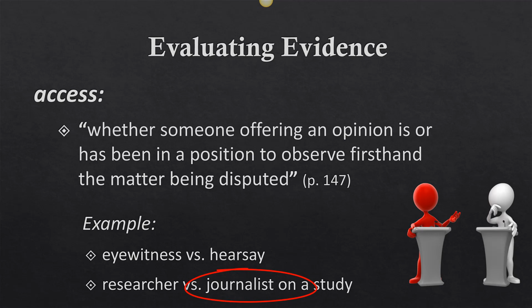So the problem here is that the journalist may not be getting all of the information right because they not only don't have the expertise of the researcher, but they also weren't in a position to actually observe what was going on in the first place, so they have less of a clear understanding of what's happening.